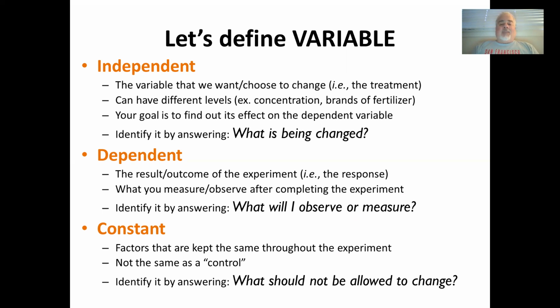The dependent variable is the response, and the response is dependent on the treatment. It's dependent on the independent variable. What happens? I add more fertilizer, so I've got the different fertilizer levels, and what am I going to get? I'm going to get certain responses.